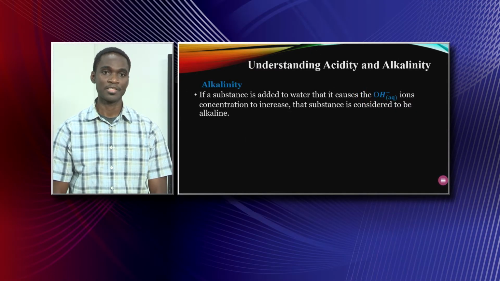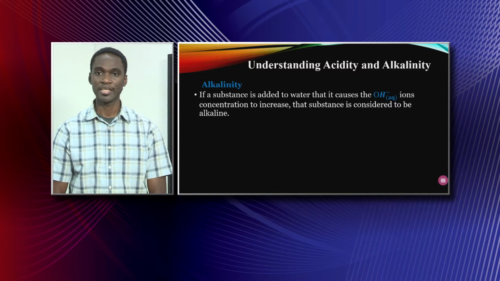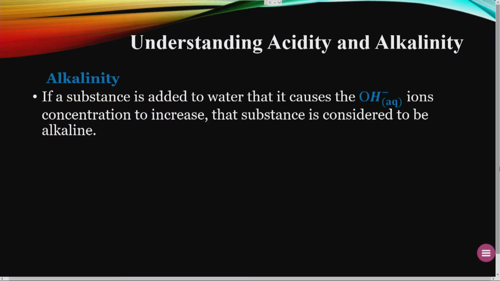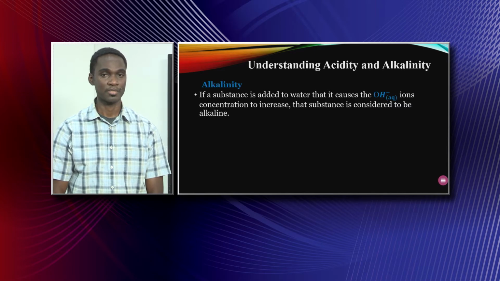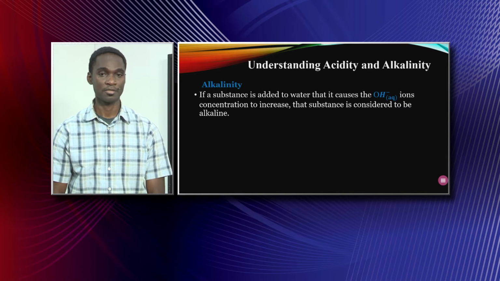Alkalinity: if a substance is added to water that causes the OH minus ion concentration to increase, that substance is considered to be alkaline. And again, if we go back to water, which produces equal quantities of OH minus ions and H plus ions, because they are equal in quantity, they cancel out each other. It doesn't mean that there isn't any acidic component or alkaline component. It simply means that because the quantities are equal, they cancel each other, and so the environment appears neutral.